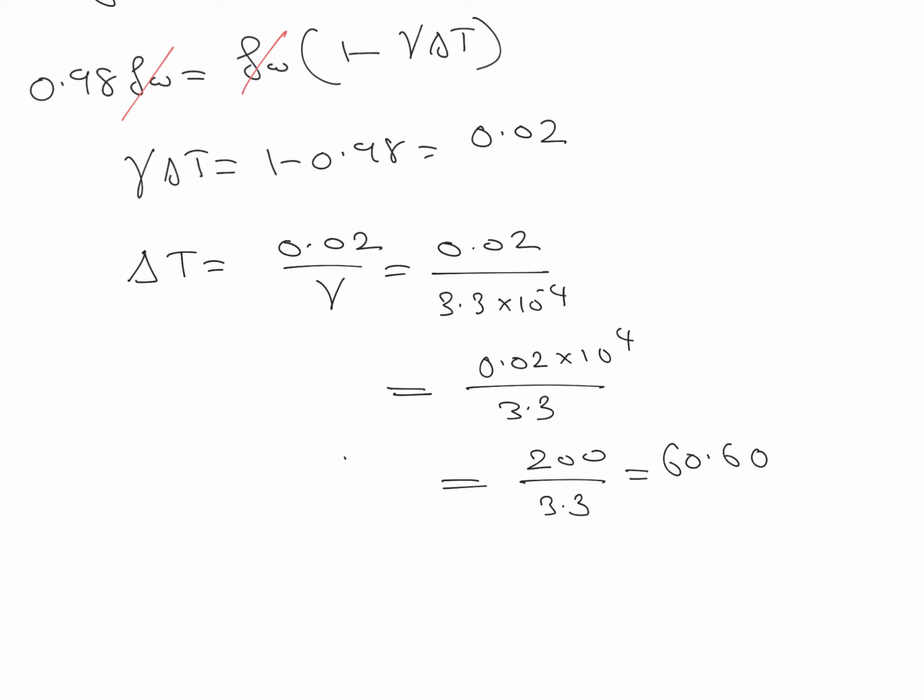So this is the value of delta t. The final temperature is the initial temperature plus the change in temperature. The initial temperature is 4, so 4 plus 60.60 is 64.6. So with this type of analysis we may get the answer as 64.6, and you can approximately mark the nearest option, which is 65.8.